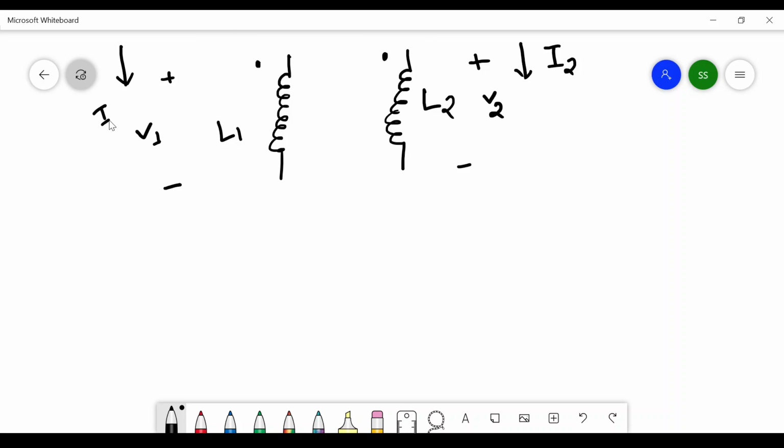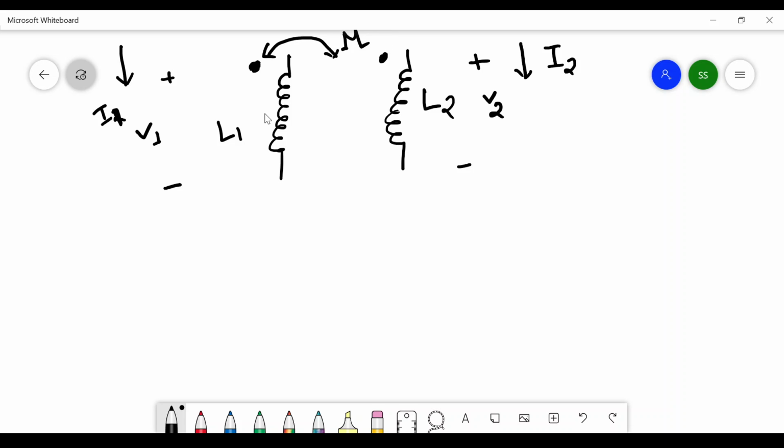Now with respect to these dots the mutual inductance is M. You can see that, with respect to the passive sign convention, the current is entering the dot in both cases, so we can conclude that this mutual inductance is positive.